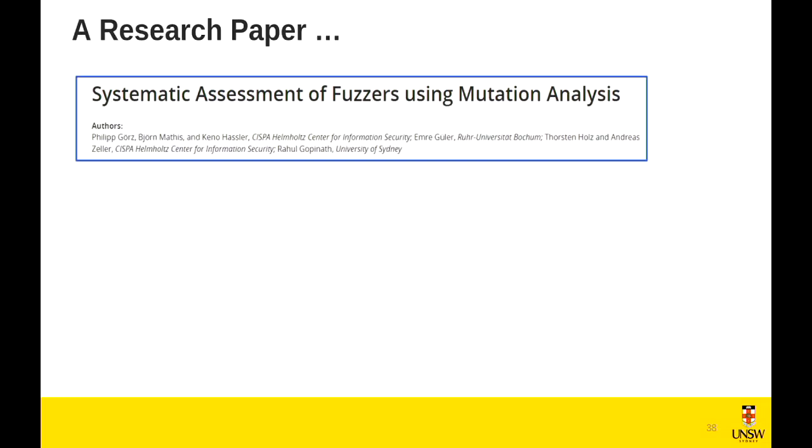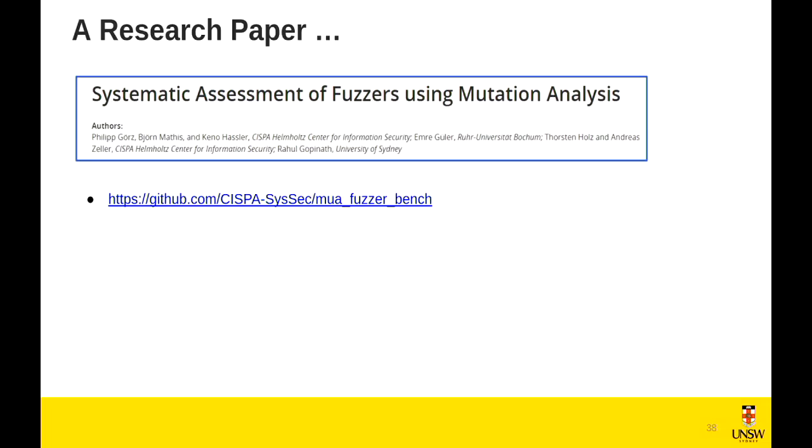You can see a blue edge in this screenshot, which means there's a link you can click to access the paper. They have a GitHub repository storing the benchmark they created, and Google is now using this benchmark for their fuzzer comparison.